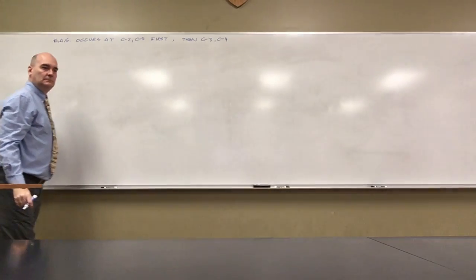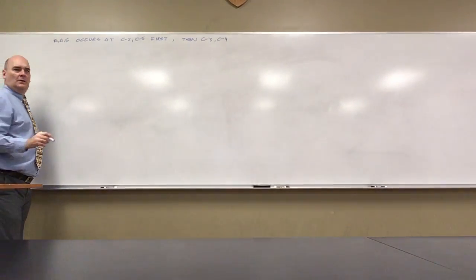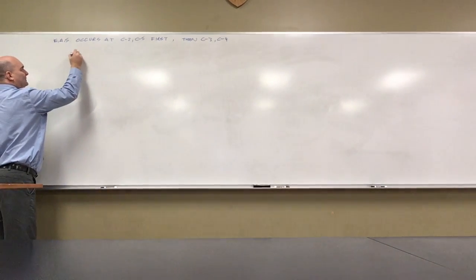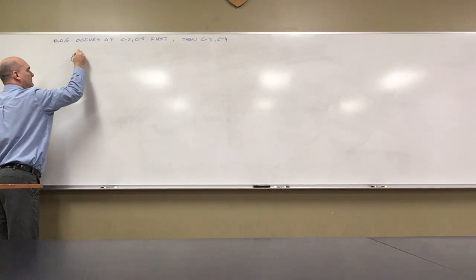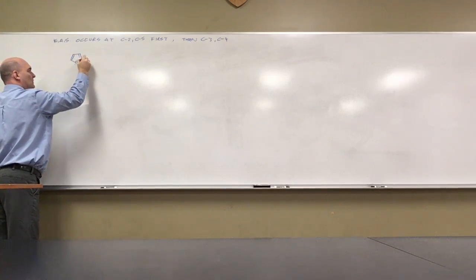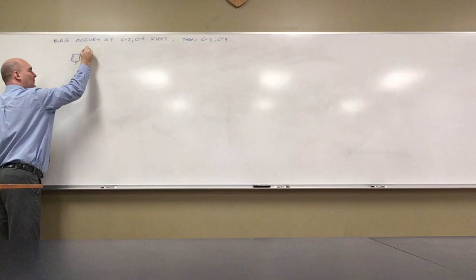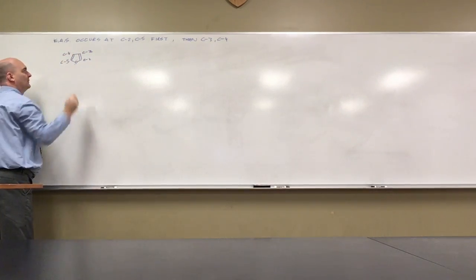But we don't have to go counterclockwise, right? That raises an important question. Why is this carbon 2 and carbon 3, and that's carbon 4 and carbon 5?